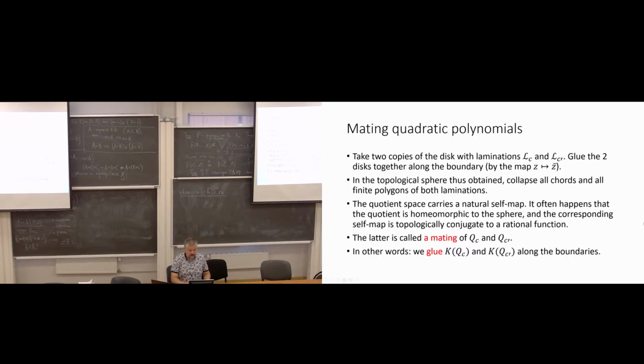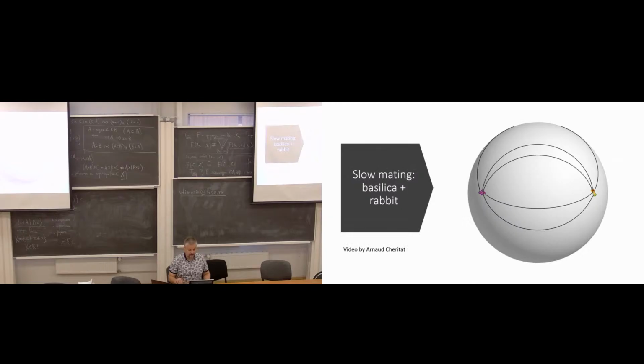Okay. So another way of understanding matings is that you just take two Fatou-Julia sets and glue them together along the boundary. That's it. So now, this is one of the movies.